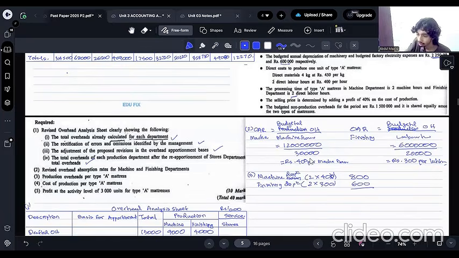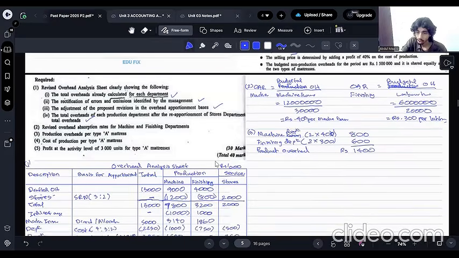Then you can get the production overhead per unit of mattress A: rupees 800 plus 600, that is 1,400. Production overhead per type A mattress is done.